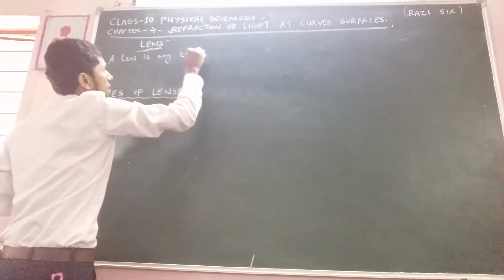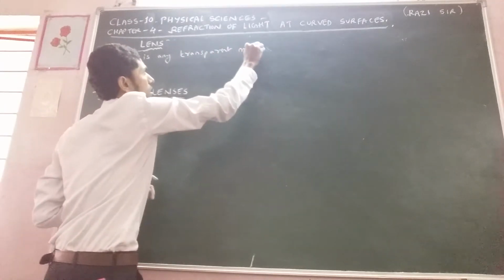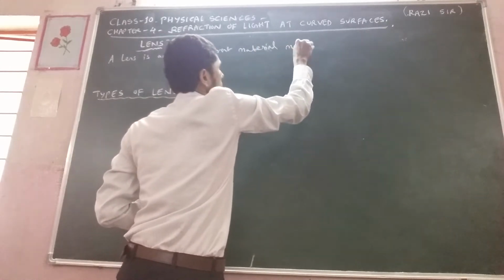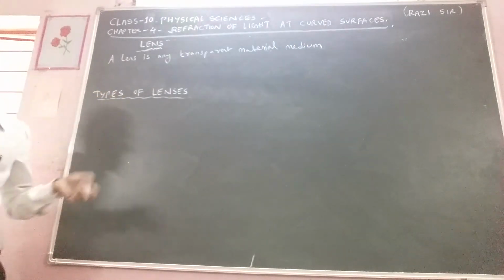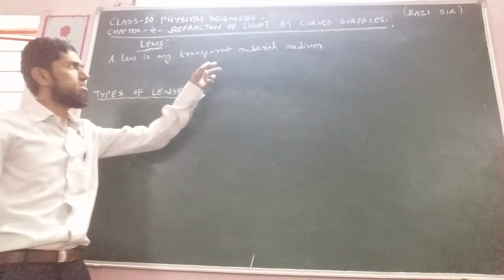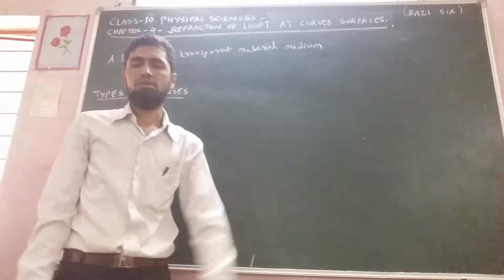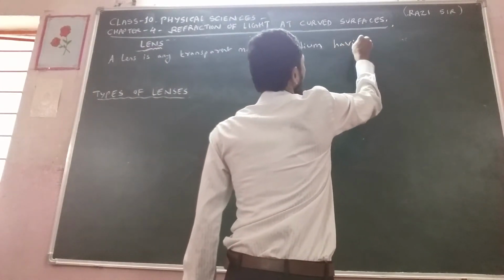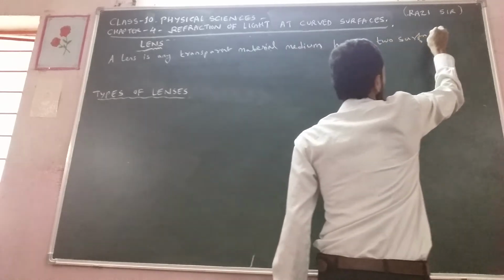A lens is any transparent material medium. The material may be plastic, glass, water, anything else. The condition is it must be a see-through, transparent material medium having two surfaces.